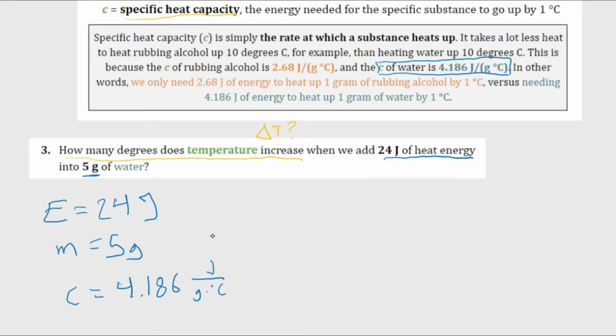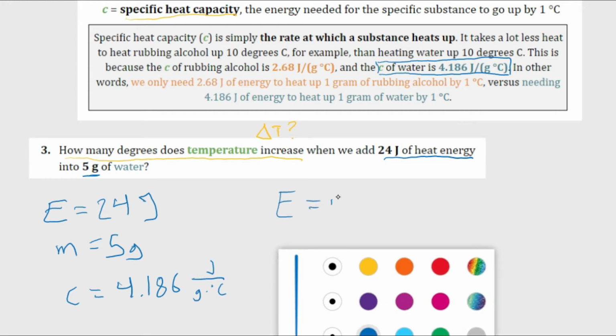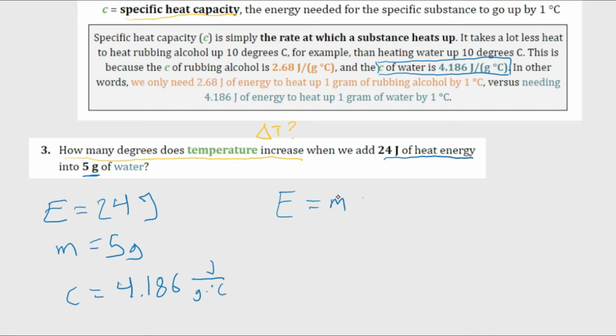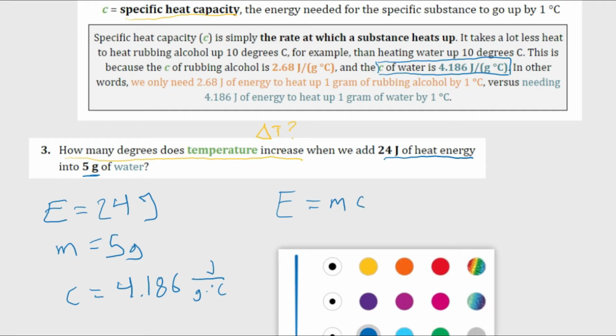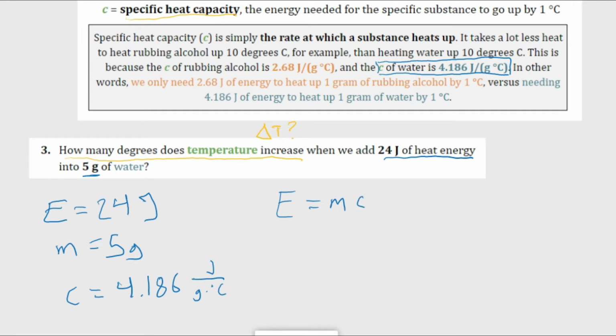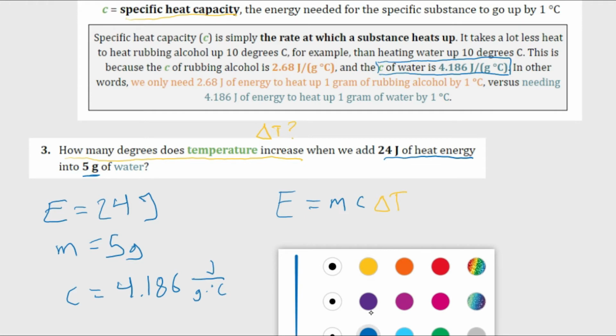Okay, now we can just go ahead and put this into our handy dandy multiplication equation up there. E is equal, once again, to M times C times that delta T, which is what we are looking for. Triangle T, that's what we're looking for. And we're just going to go ahead and plug those numbers in.